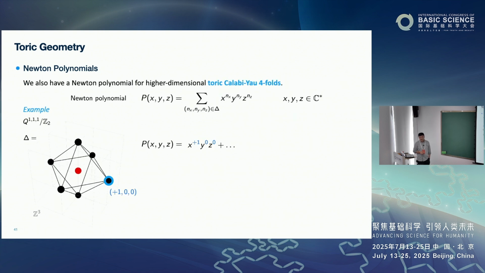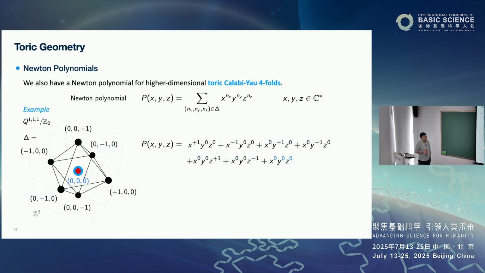I can do the same exercise for higher dimensional toric Calabi-Yau manifolds. In this case, a toric Calabi-Yau fourfold. This is the toric diagram of Q^{1,1,1}/Z_2. It contains 7 vertices, and each of these 7 vertices gives me 7 terms in a Newton polynomial parameterized by 3 complex coordinates x, y, and z.